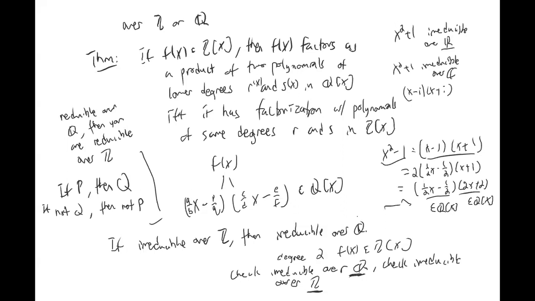At least here, we know that, so that's why this is strong: to check irreducible over something bigger, we need to check irreducible over something smaller. That's really powerful. It's only for Z and Q, sadly. It's not true here.